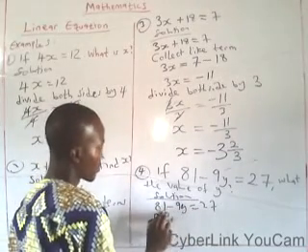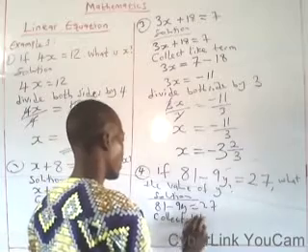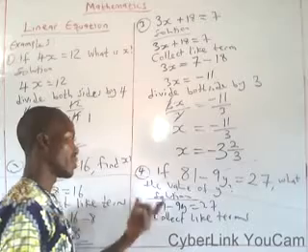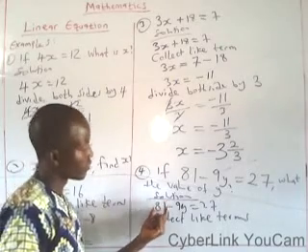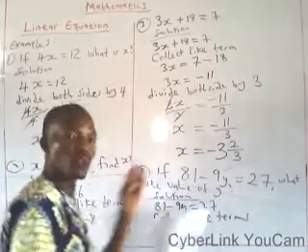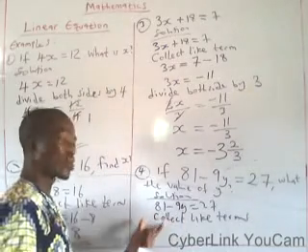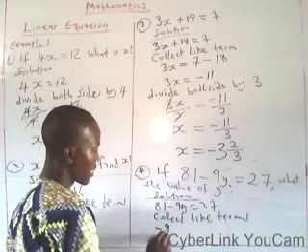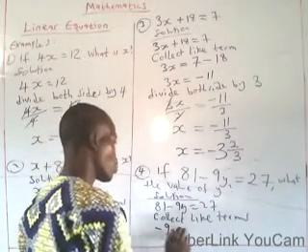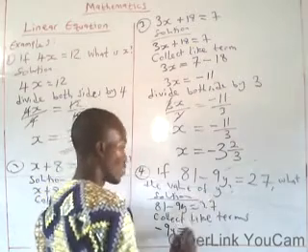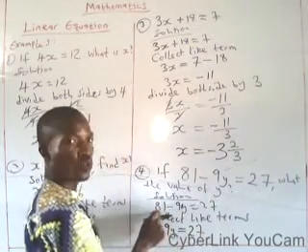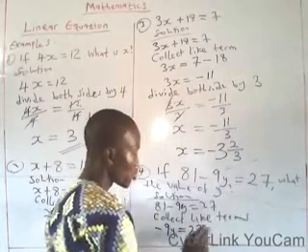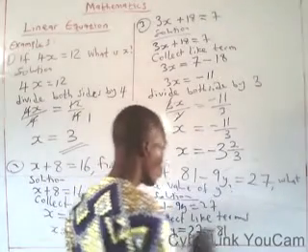We are going to collect like terms as well. The figure without variable y, pass them to one side. The figure with variable y, pass them to the other side. Now here we are going to leave minus 9y is equal to, outside the equality sign we have 27 already, waiting for 81 to come. Here 81 is plus 81. By the time 81 crosses the equality sign, it will change to minus 81.